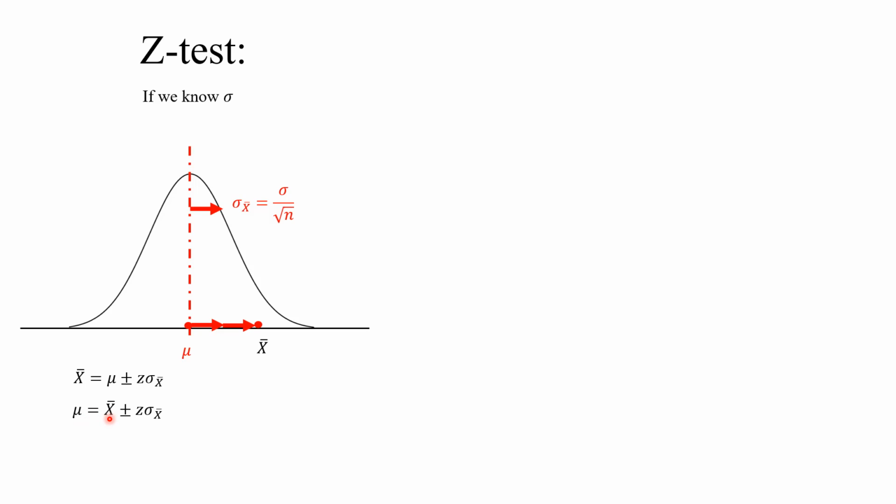We already know the sample mean. And plus minus z times the standard deviation of our means. If I replace the equation for the standard deviation based on the standard deviation of the population, I will get this equation that we commonly use to find confidence level, probability, and so forth.